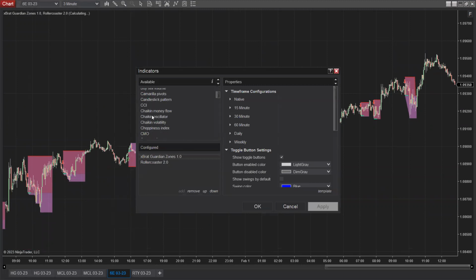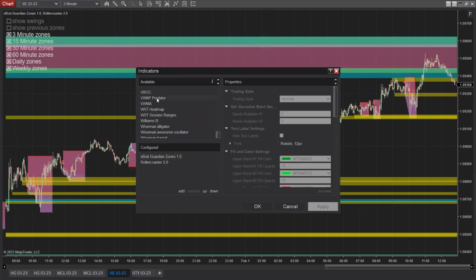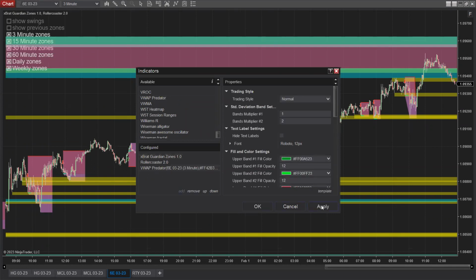Indicators. Remember, hang on a sec, let me just add this.